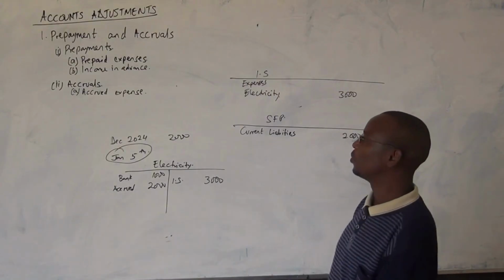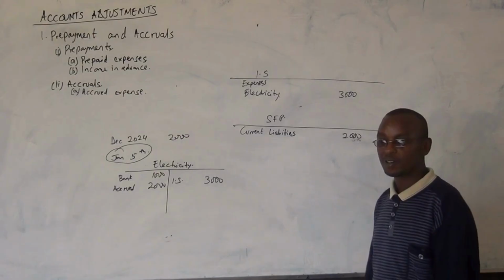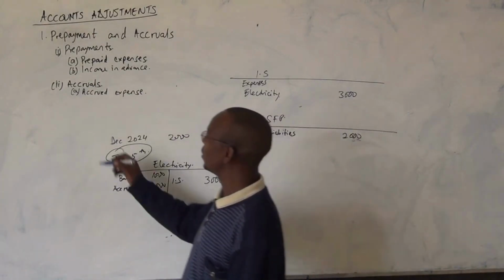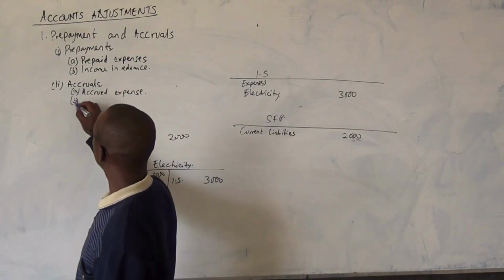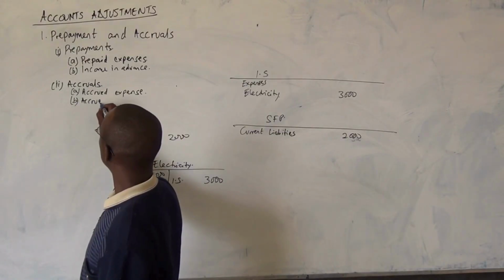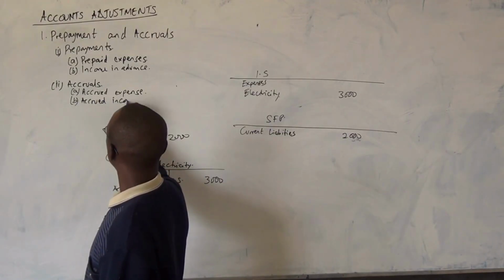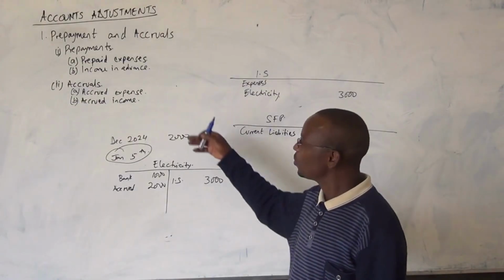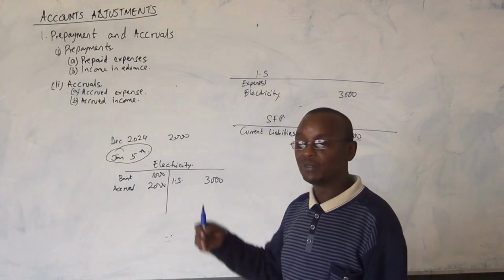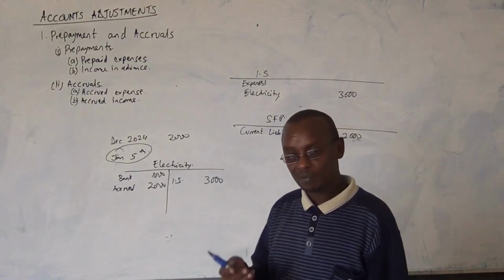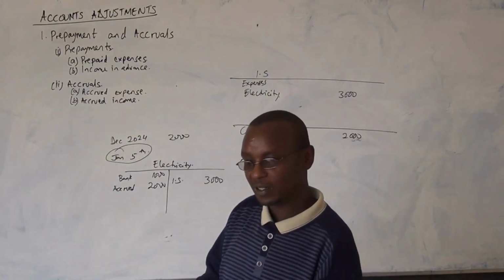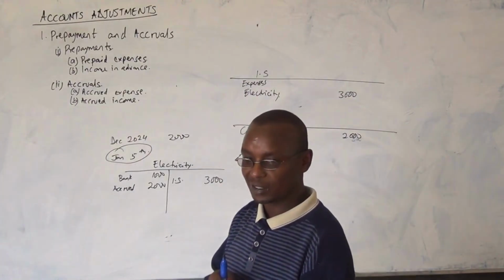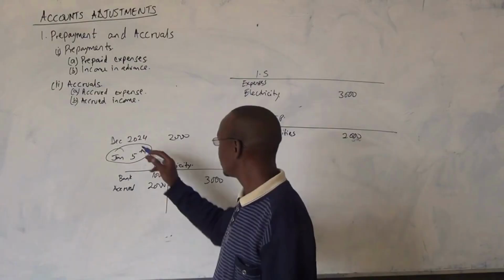That is accrued expense. Sometimes we have accrued income. We have also the accrued income. Sometimes the income has not been paid, but you have already earned it. It was income for last year.